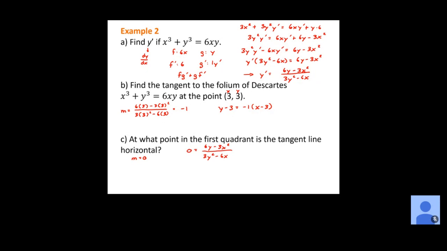Now, if this fraction is equal to 0, what actually needs to be equal to 0? The numerator. So I can ignore the denominator and say that 0 equals 6y minus 3x squared.